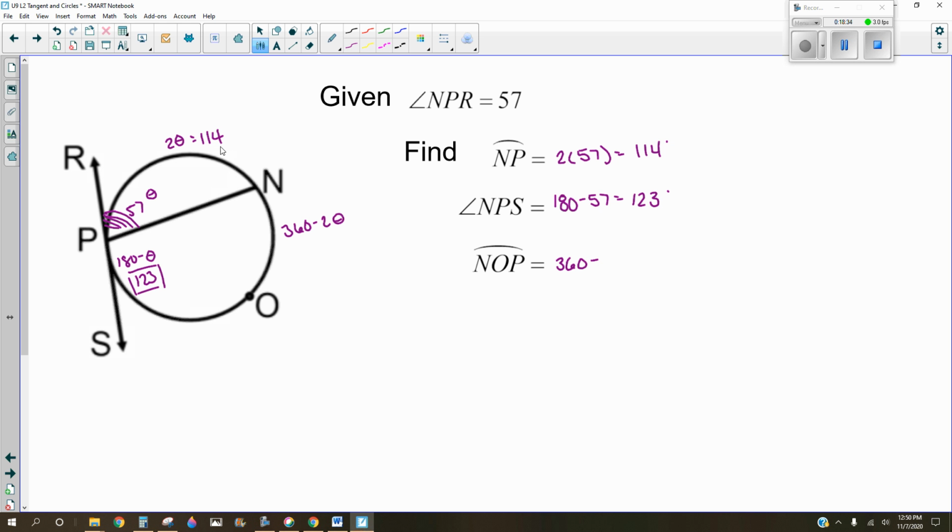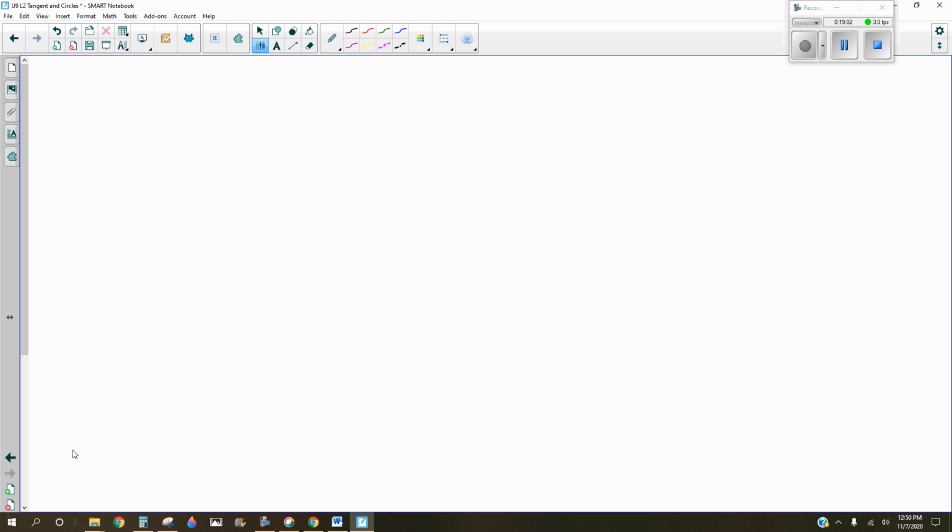The 2 theta was 114. So 246. And that's how you do it. If you have the map, you put in your number to figure out how to get to the rest of them. They're all related to each other. And that is it for this section.